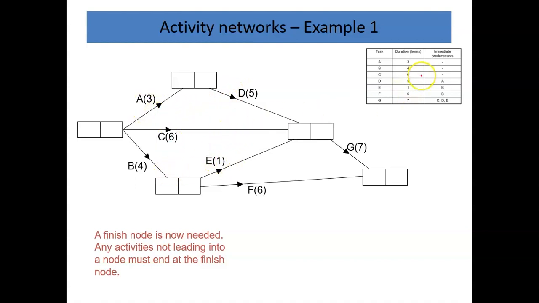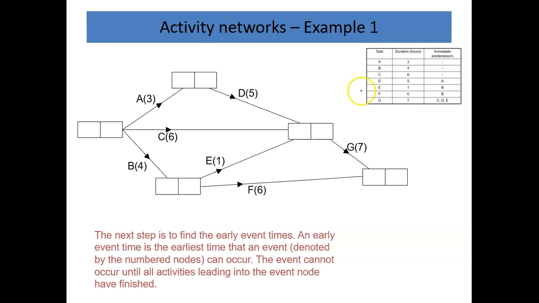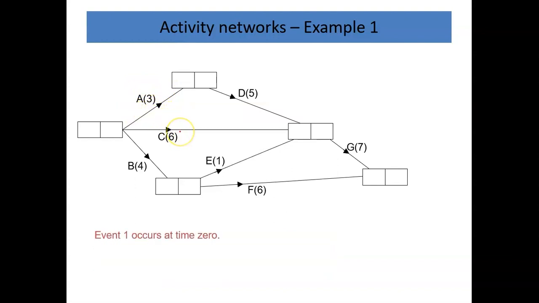Now, what I need to do is find what are called the early event times. The early event time is the earliest time I could start doing that job without impinging on other activities. I can't start D until after I've started and finished A. So the way I do this is I put a 0 in the first box.